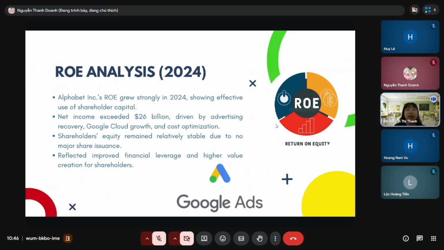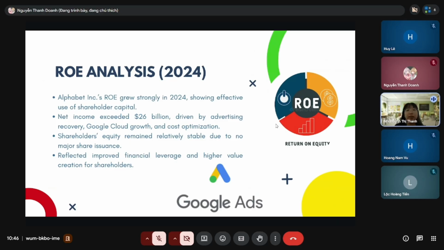Here we analyze ROE, which measures how effectively the company generates return for shareholders. In 2024, Alphabet's ROE increased significantly due to strong net income growth, supported by advertising recovery, Google Cloud expansion, and cost optimization.